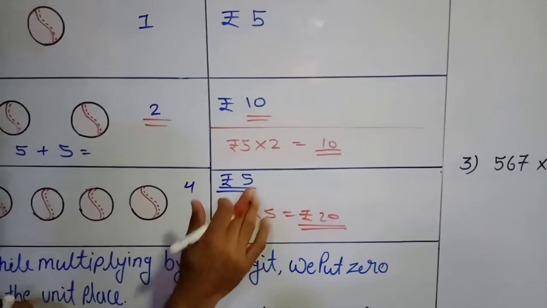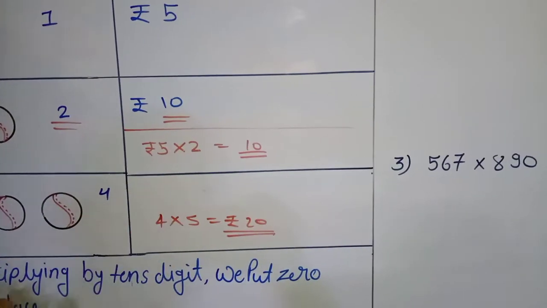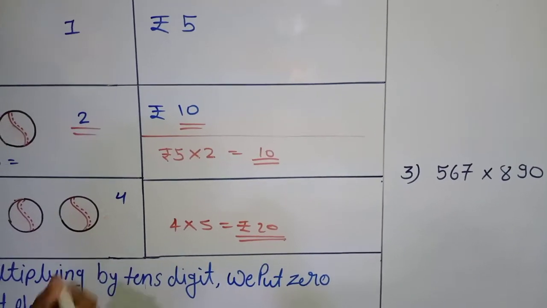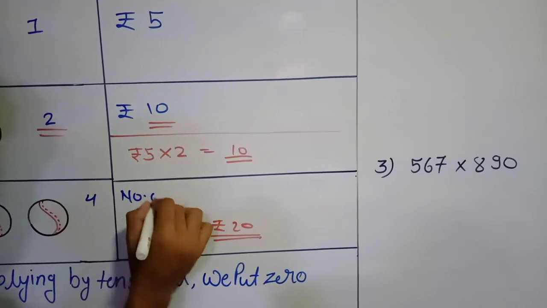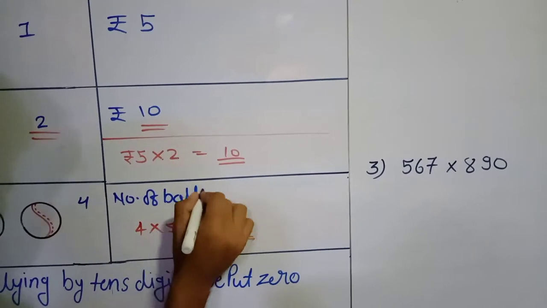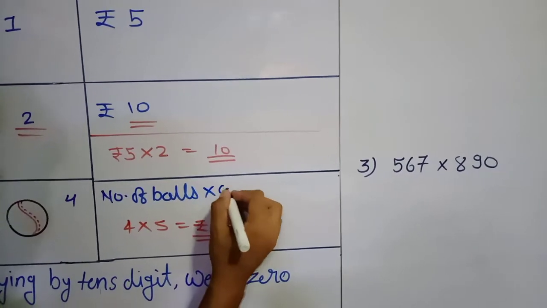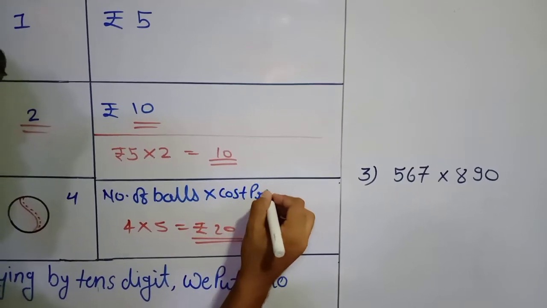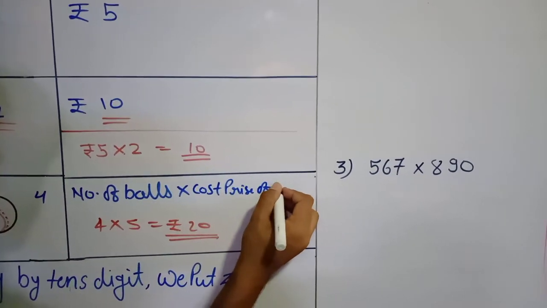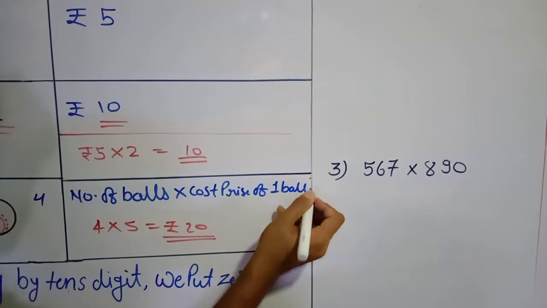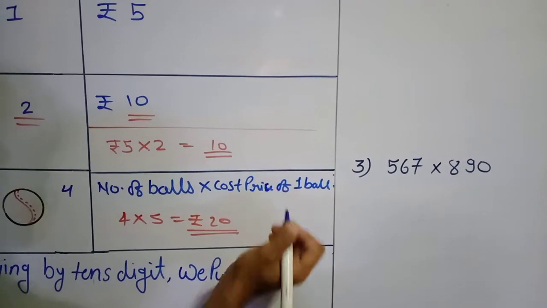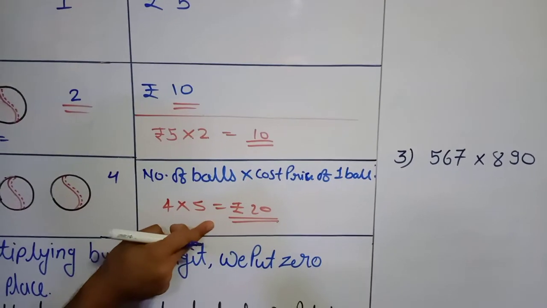For your help we can write it like this, and you should remember this: number of balls into cost price of one ball. So you will get the answer easily.